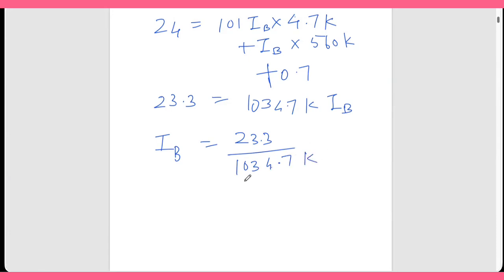Sir, we did not add 0.7 in that. No, 24 minus 0.7 I did, that is 23.3. Yes, sir. Okay, sir.